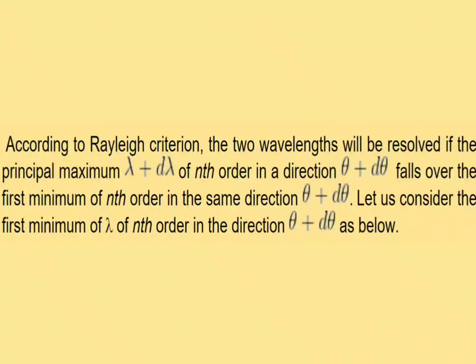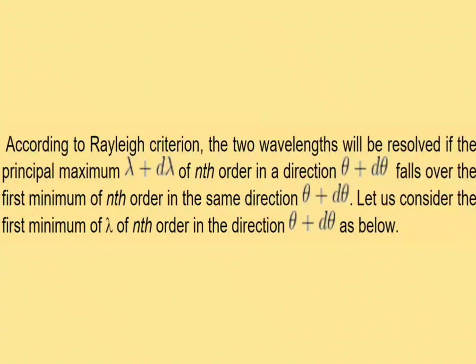According to Rayleigh's criterion, the two wavelengths will be resolved if the principal maxima of lambda plus d lambda of nth order in a direction theta plus d theta falls over the first minima of lambda of nth order in the same direction of theta plus d theta.